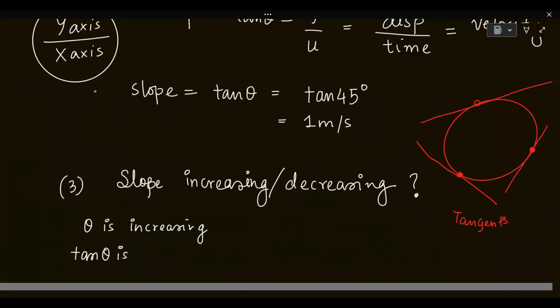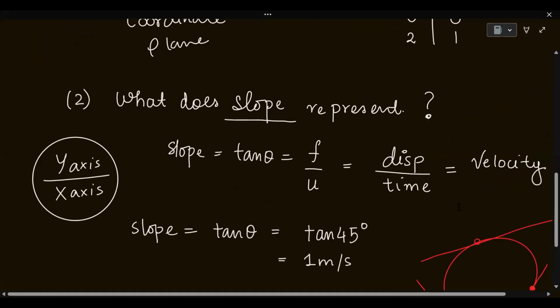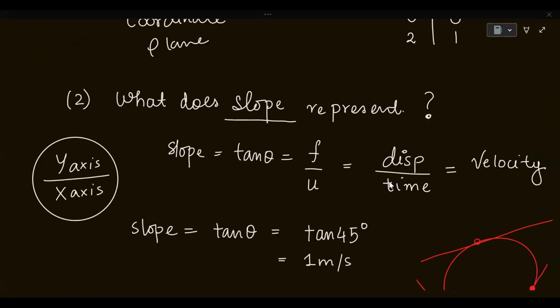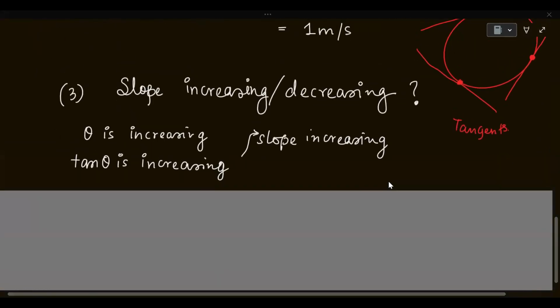Yes, if theta is greater, tan theta is also greater. If tan theta is increasing, can I say slope is increasing? Yes, because tan theta represents slope. Now, if slope is increasing and slope represents velocity, as we established in the earlier step, then velocity is also increasing, guys.